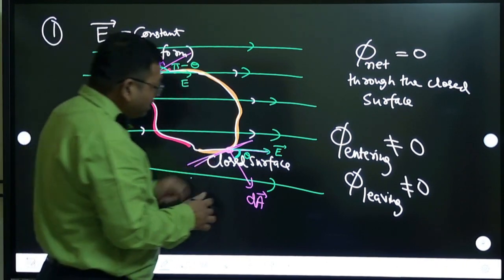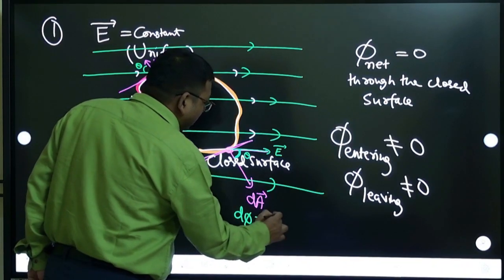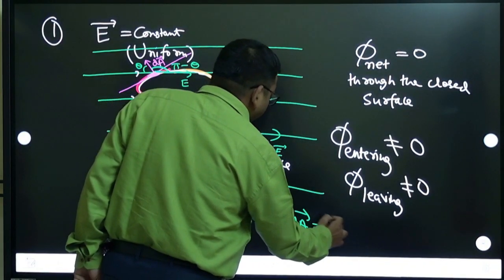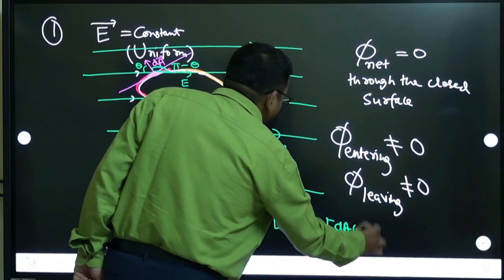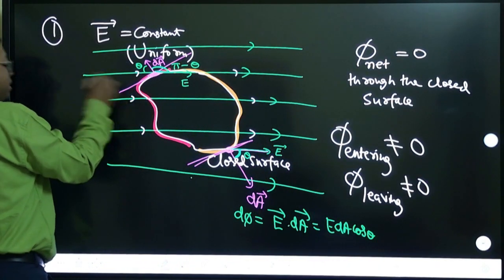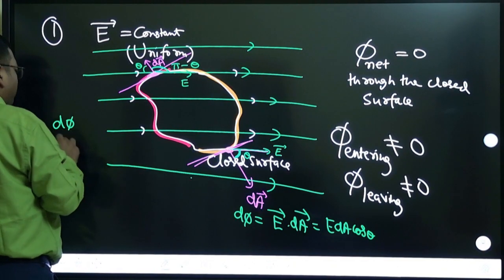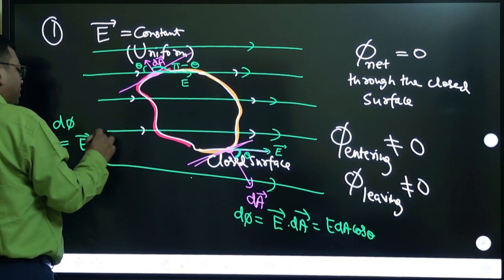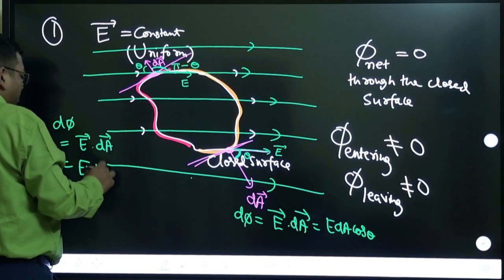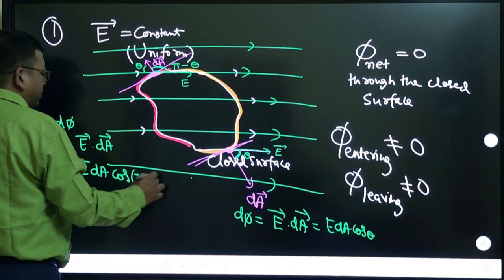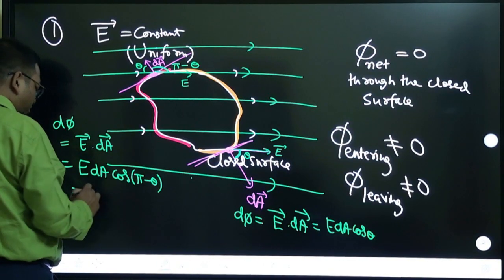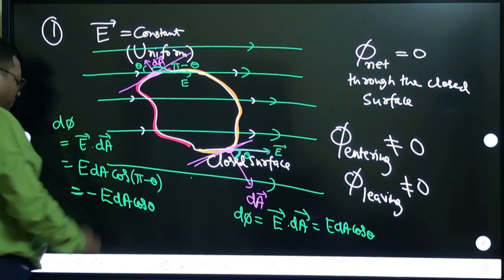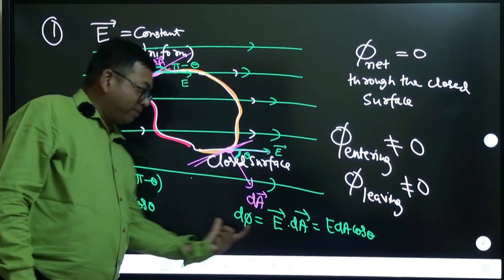So if you take a small flux here, d phi, that will become E dot dA, which gives E dA cos theta. But when you calculate the small flux d phi there, that is E dot dA also, but E dA cos of (pi minus theta), and cos of 180 minus theta is minus cos theta, so minus E dA cos theta. That is what I was saying, entering and leaving. If this flux is entering, that flux is leaving.